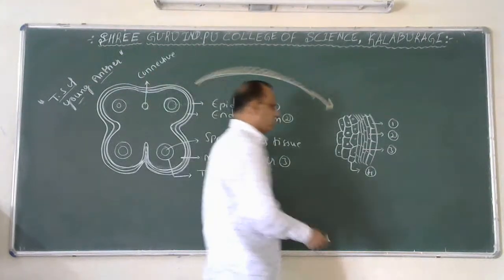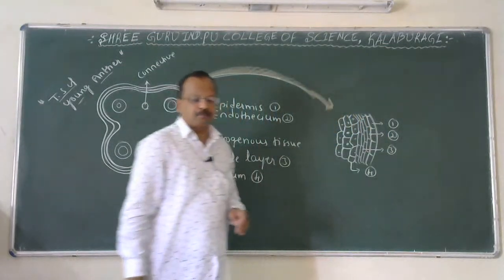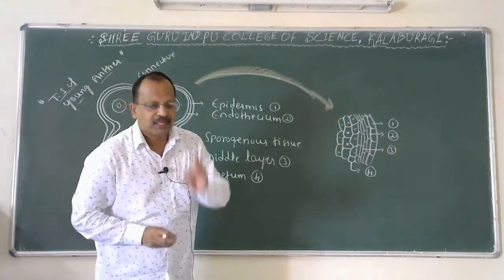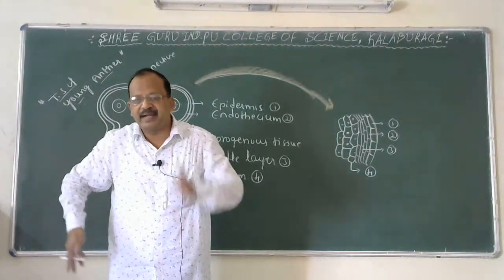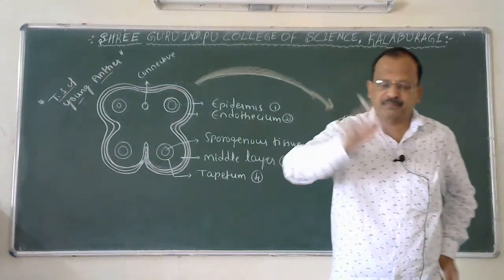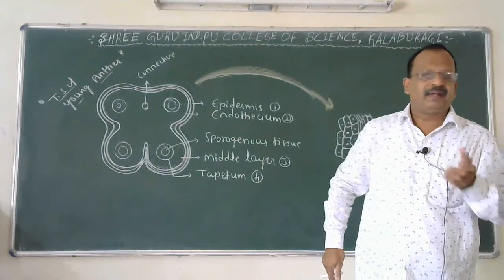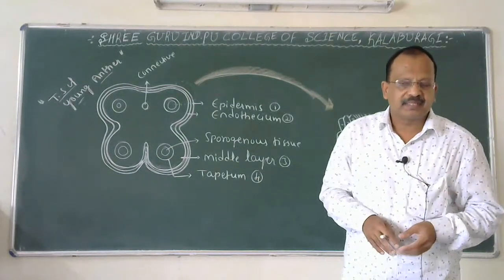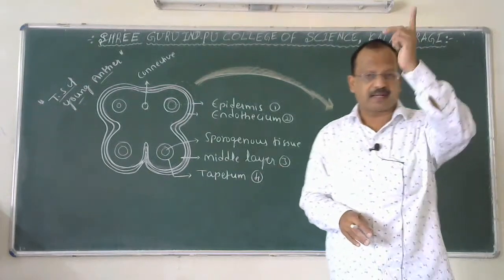Just below the epidermis, endothecium is present. It is made up of single layer of radially elongated cells. Radius, you know, in mathematics, it is a straight line from center to the circumference of a circle.